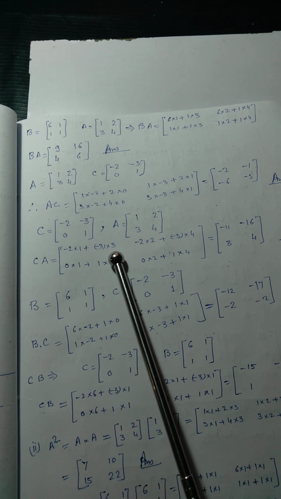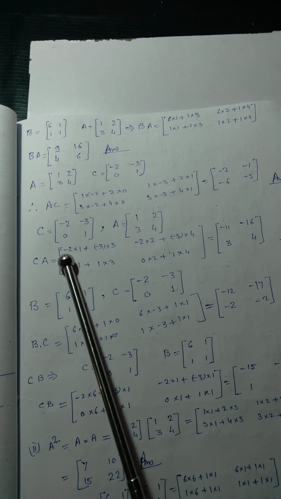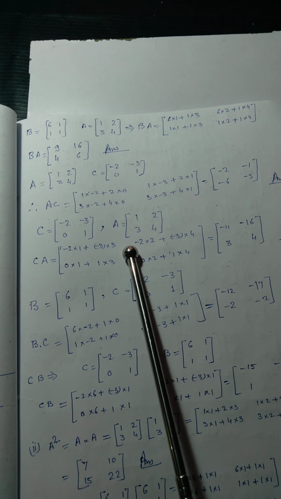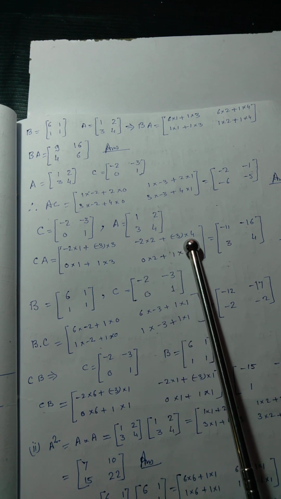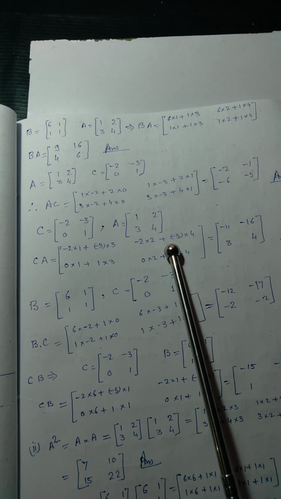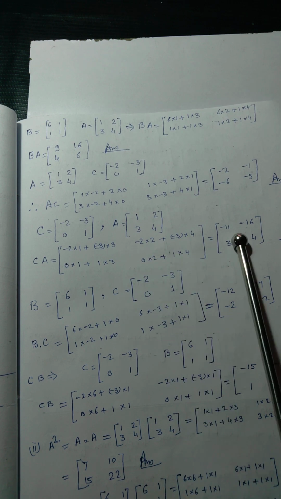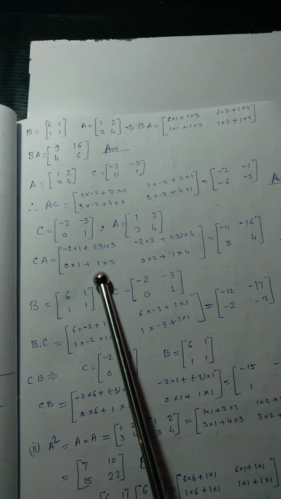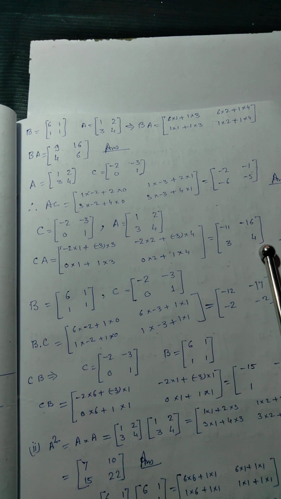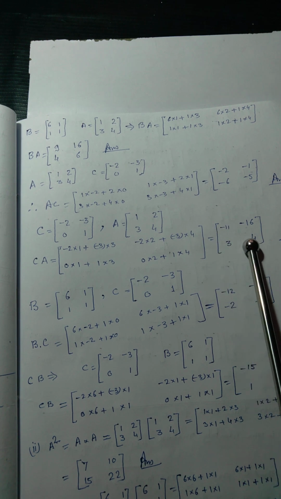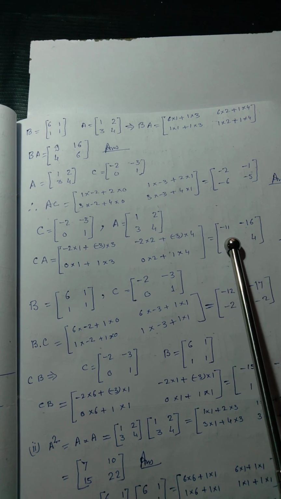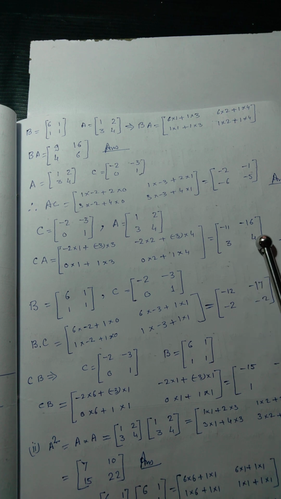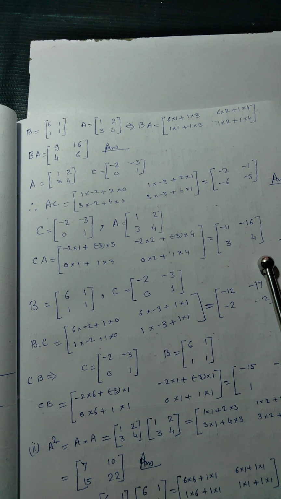That is 3 3s are 9, minus 2, that is minus 11. Here you see 2 2s are 4, minus 4, and 3 4s are 12, so minus 12 minus 4, that is equal to minus 16. Here it will be 3 and 4. So this CA will be minus 11, minus 16, 3 and 4.